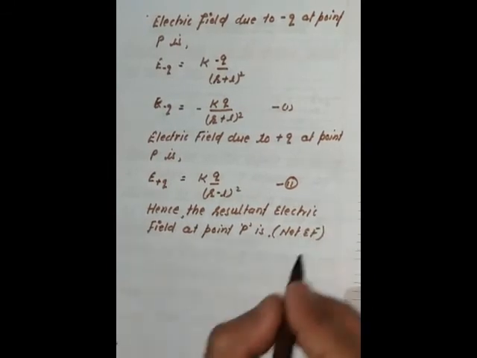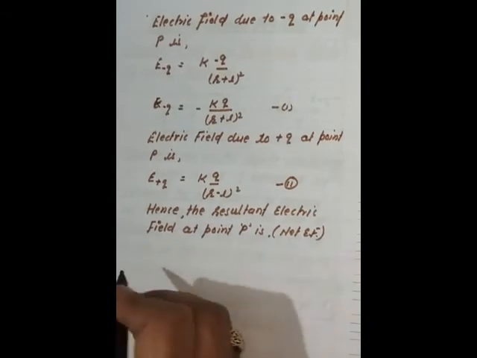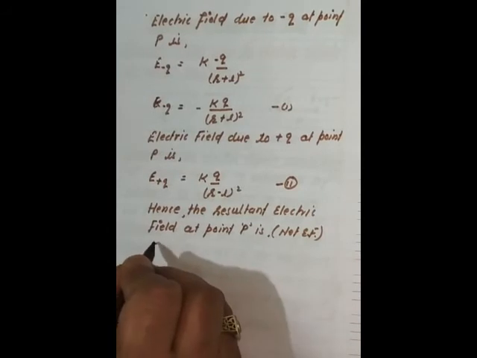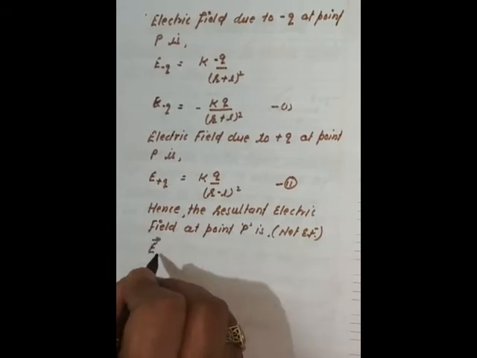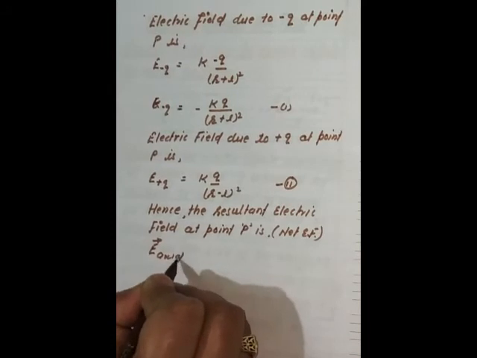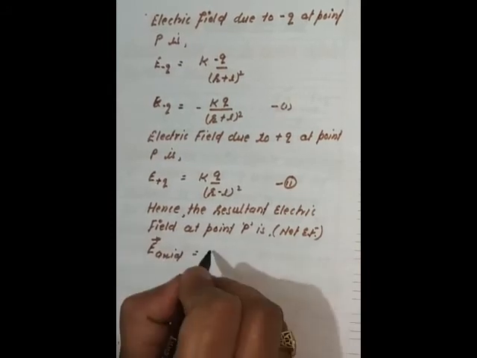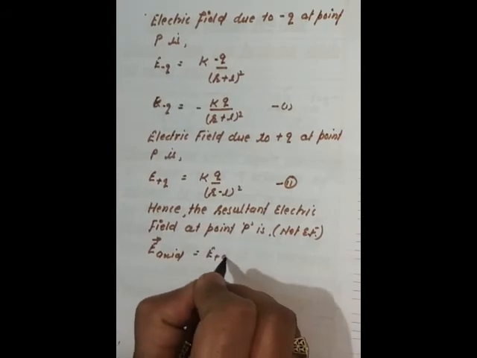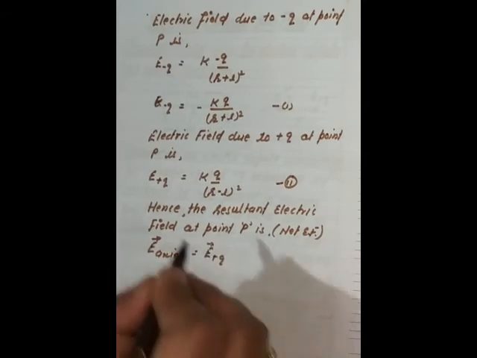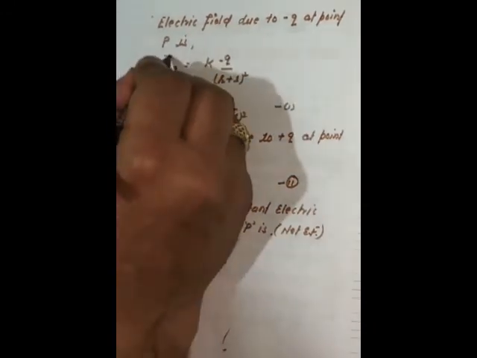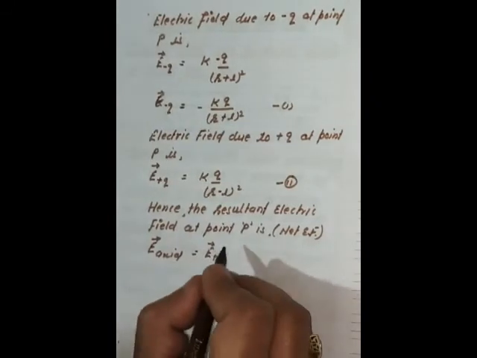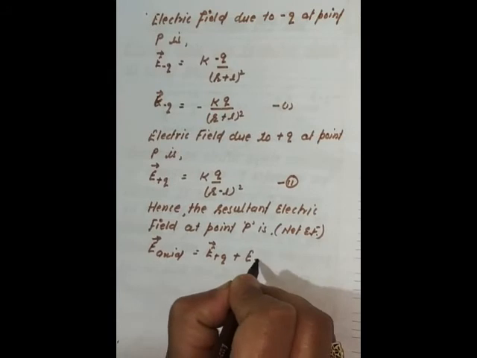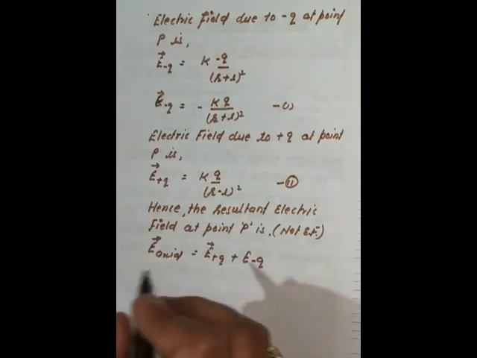Okay. In axial condition, electric field E vector axial position equals to E electric field for positive charge added with electric field for negative charge.